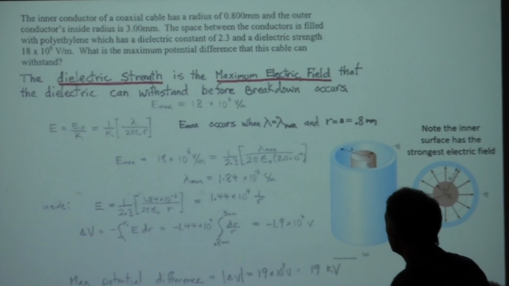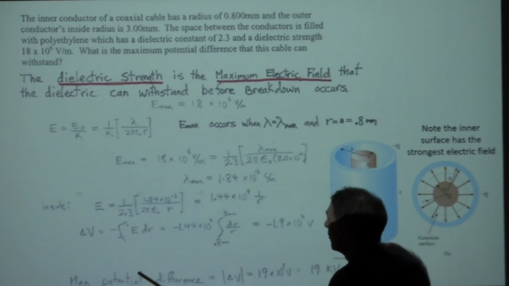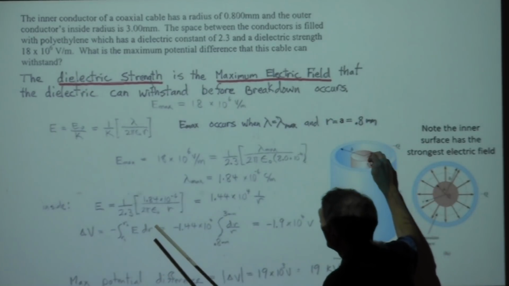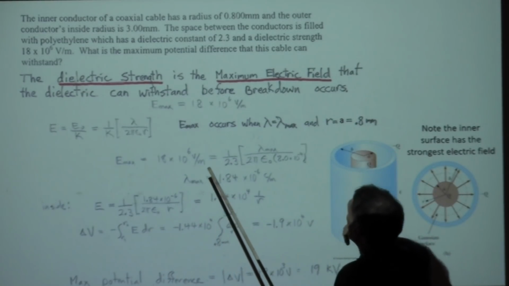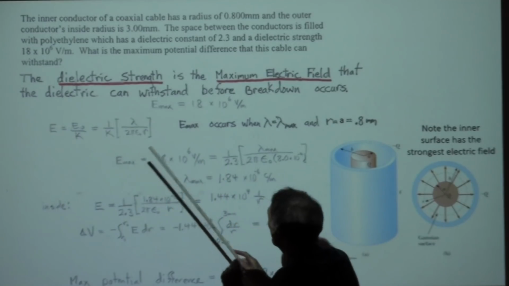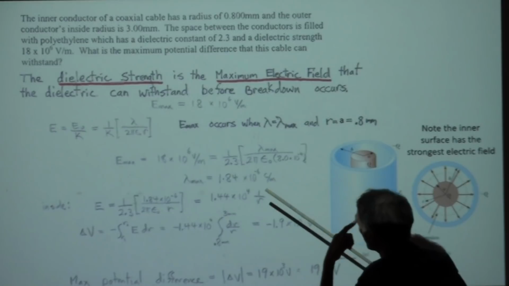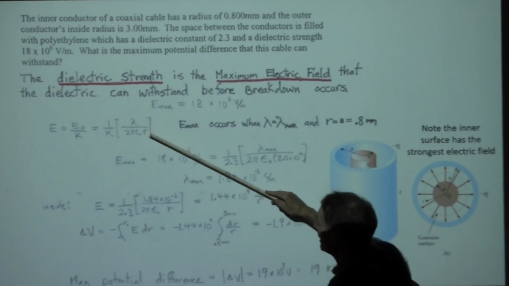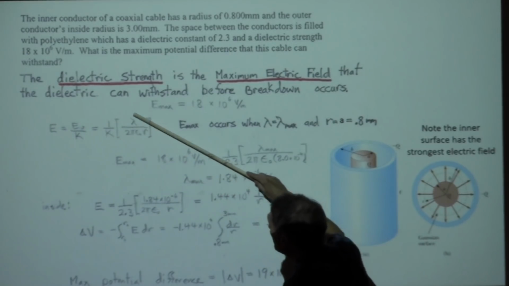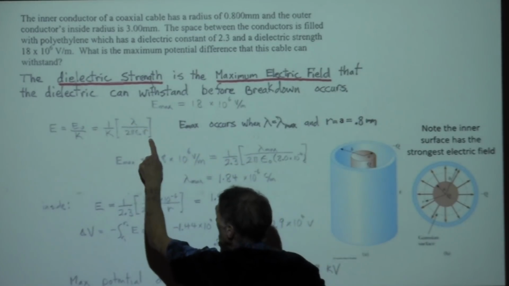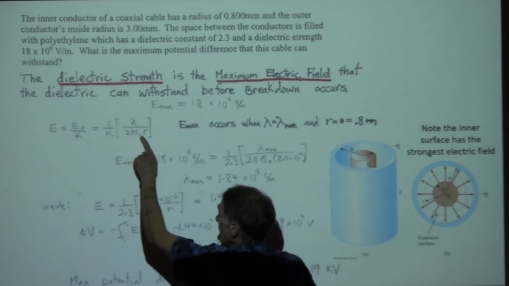So the idea would be that I want to get the electric field inside here. Now, we're going to imagine I'm going to just keep putting more and more charge on this thing. So it's kind of a hypothetical thing I'm doing in my mind. This would be E naught for the coaxial cable. We developed this earlier. This is lambda all over 2 pi epsilon naught r.